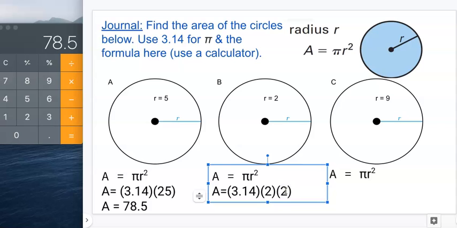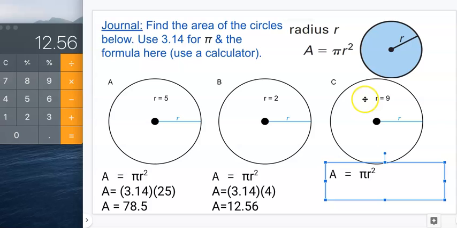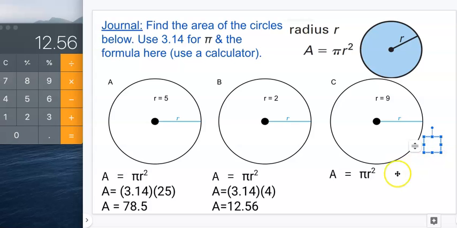And 2 times 2 is 4, so I can go ahead and get rid of that. So now I just plug this into the calculator, 3.14 times 4, and I get 12.56.